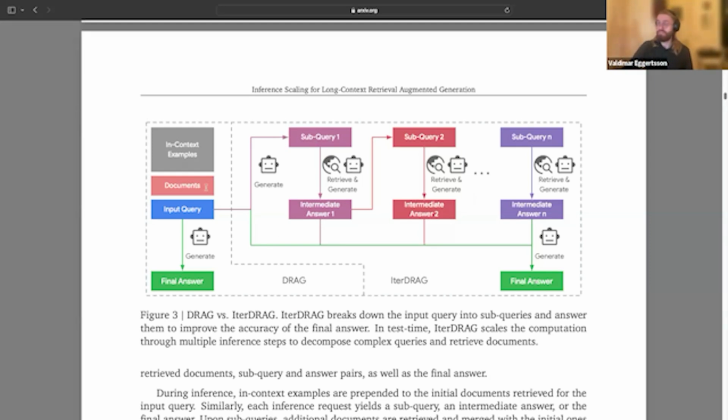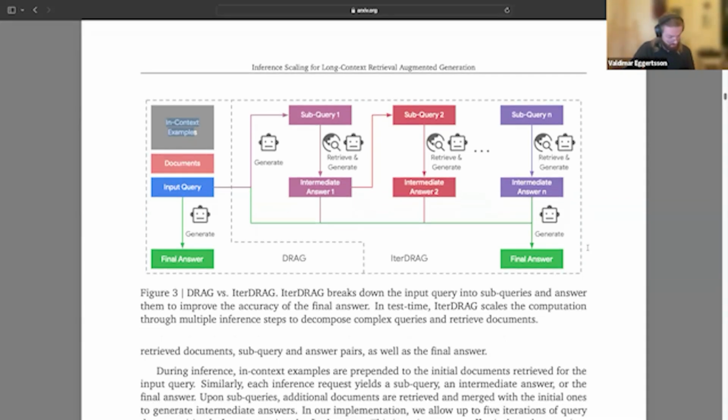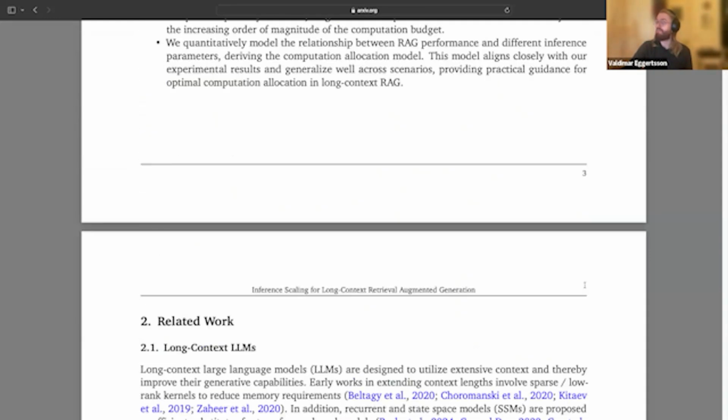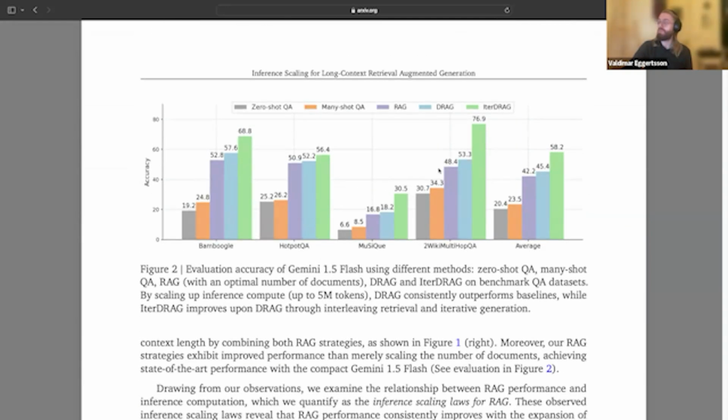Does that make sense? Every time they include the in-context examples of how you can use a subquery and the intermediate answer to continue the process. And they're just iterating this again and again. And that's what gives us the significant performance boost. If you look at the graph again, was it jumping from 50% to 76%?